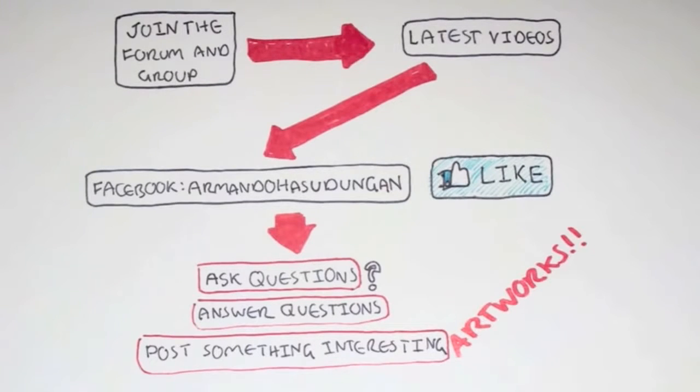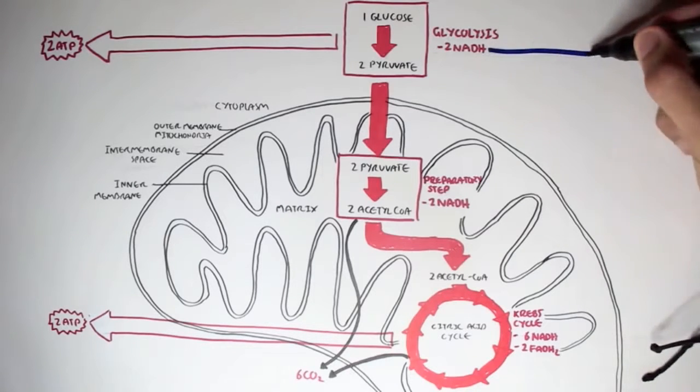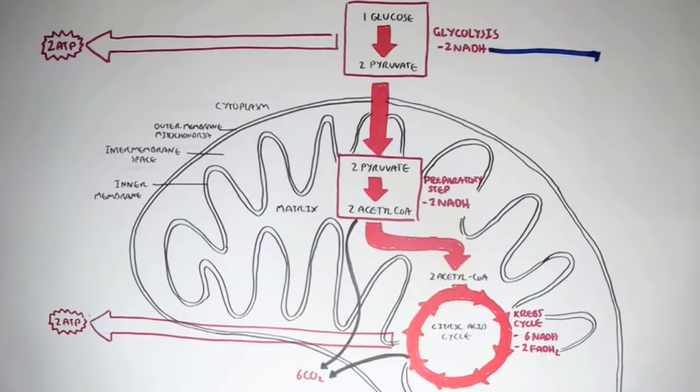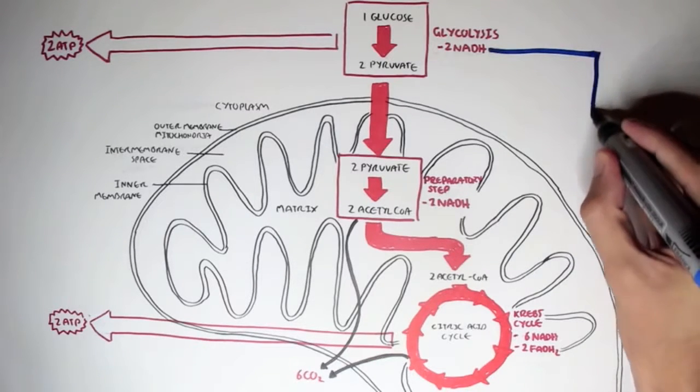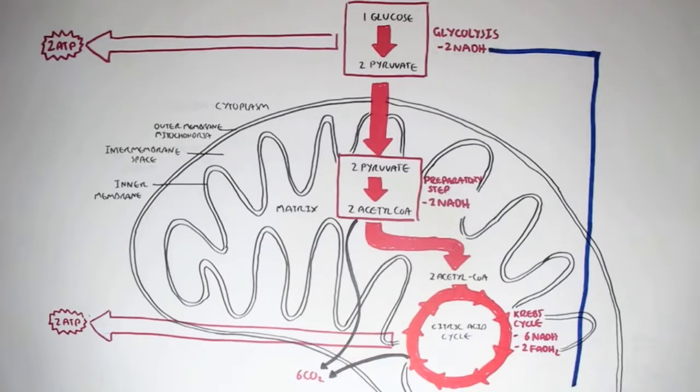In this video, we're going to continue on with the metabolism map, the metabolic pathway, and look into the oxidative phosphorylation process, also known as the electron transport chain. If you remember from glycolysis, we obtained two nicotinamide adenine dinucleotide, or two NADHs, and we also yield two NADHs from the preparatory step.